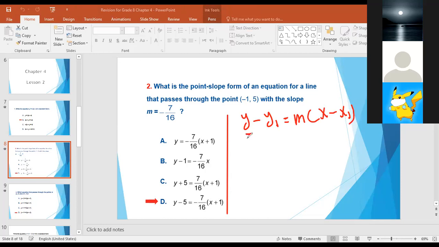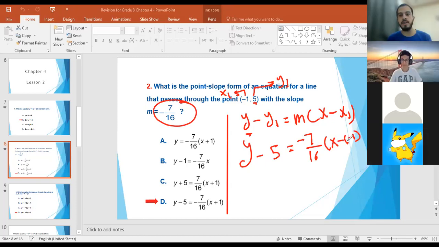So -1 will be x1, 5 will be y1, and then substitute here, and also you have the slope here.